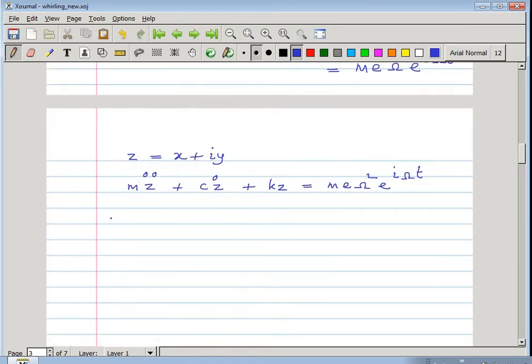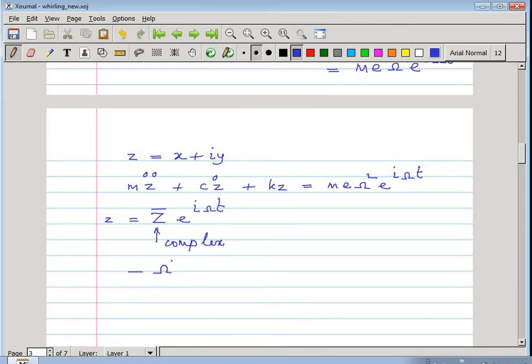Now you take the solution z equal to capital Z bar e to the power i omega t, where Z bar is complex, and replace it here.